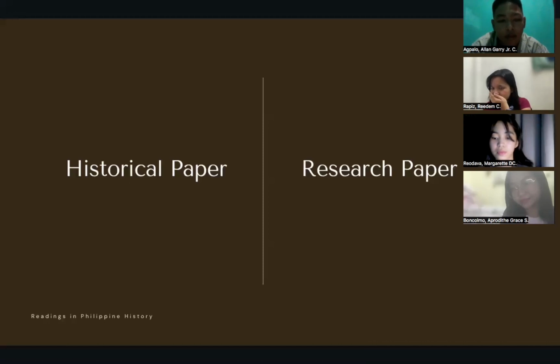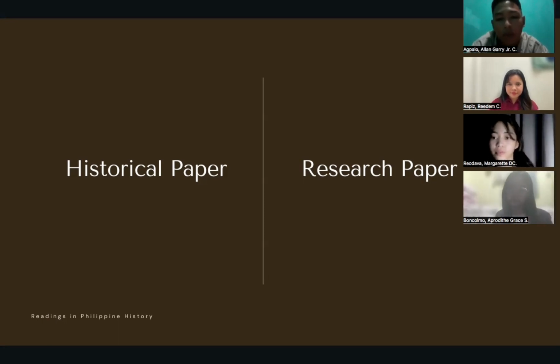Next. So ngayon, magkaroon muna tayo ng comparison kung ano nga ba yung historical paper sa research paper, kung ano yung difference nila. Sa research paper, ang ginagawa ng mga writer dyan, kukuha ng mga research, mga past research, and ang goal niya doon is magkaroon ng panibagong idea or gagawa ng ibang idea.